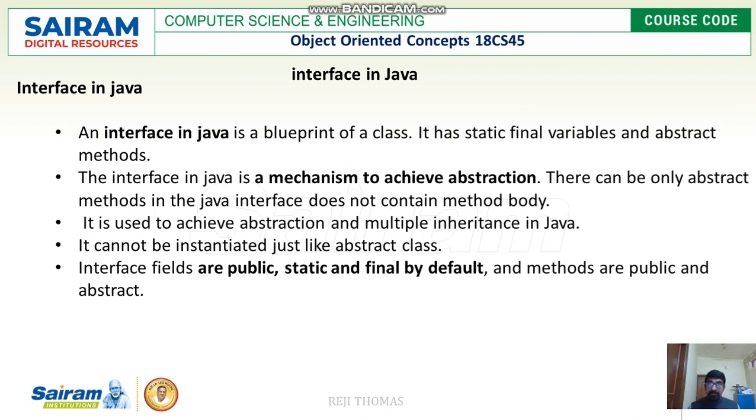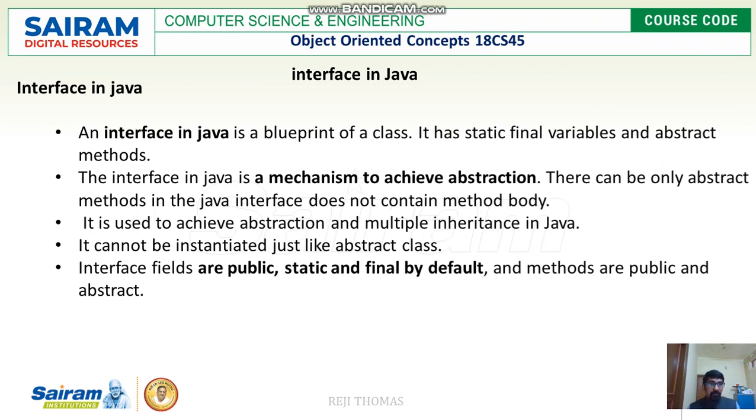We have seen what abstraction is in the previous videos. Abstraction is a mechanism by which the actual implementation is hidden from the user. The user will know how to operate and use it, but how it is implemented is hidden from the user. So this is also used to create multiple inheritance.